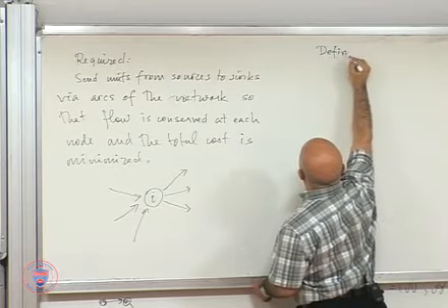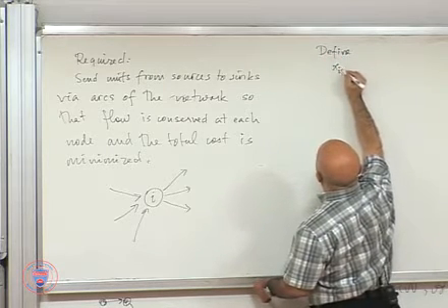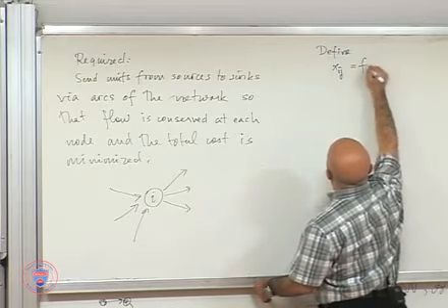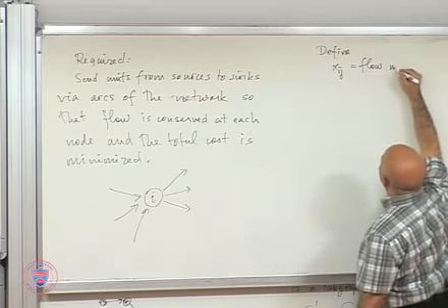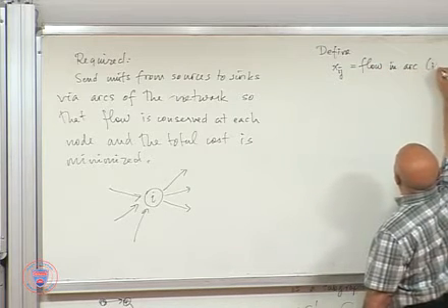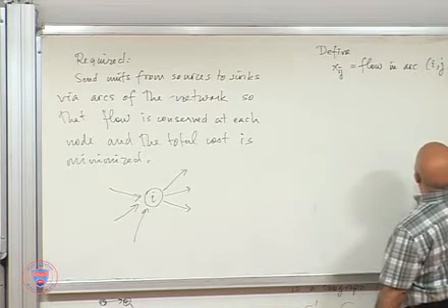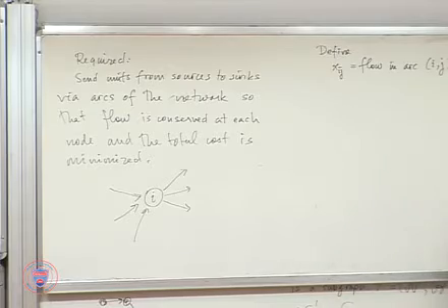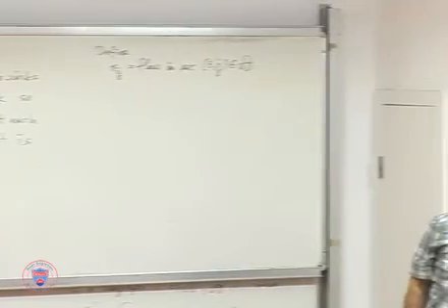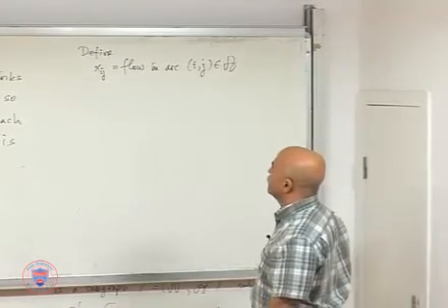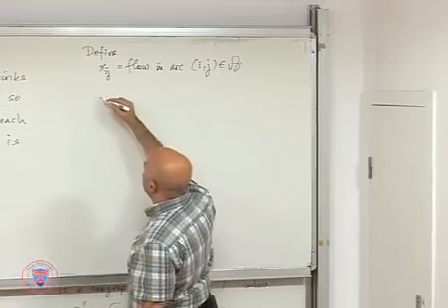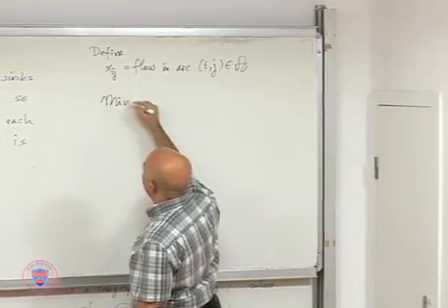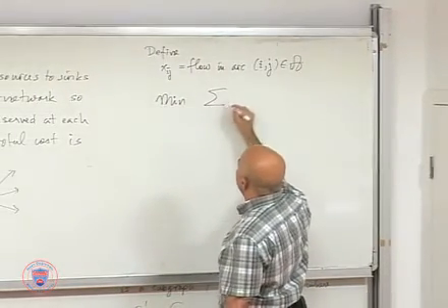So let's define Xij to be the flow in arc ij. These are the amounts to be determined. They are your unknowns. So the formulation for the problem is the following.